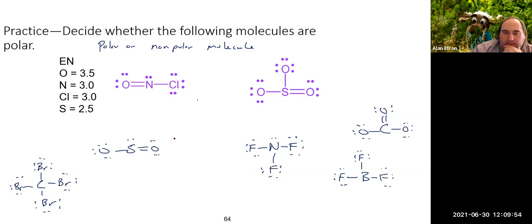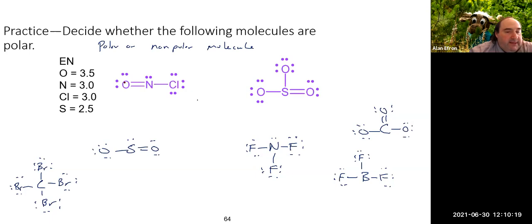Look at this, and again, for the most part, even though they give us some electronegativity values, for the most part you don't necessarily need them in most cases, but we'll use it here on the first one, and then we'll go through the other ones the other way. So first off, we want to determine whether or not there are polar bonds here. They're nice enough to give us some electronegativity values.